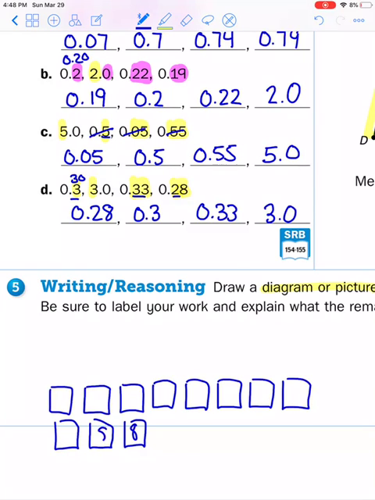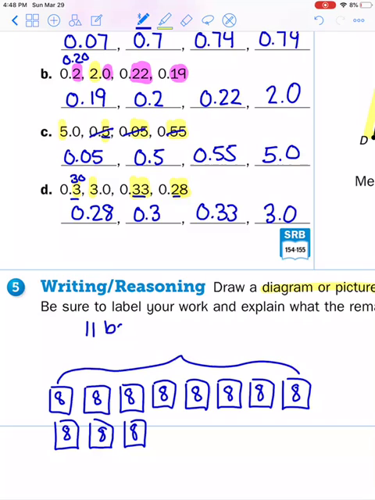And I know that each of these squares, each of these bouquets, has 8 daisies in them. So this is 11 bouquets of daisies, which equals a total of 88 daisies altogether.